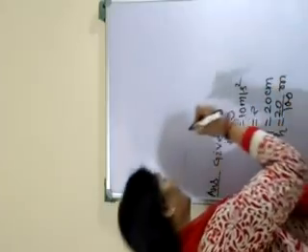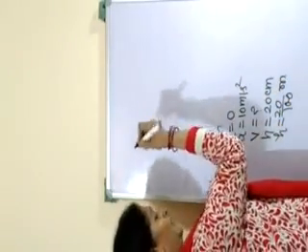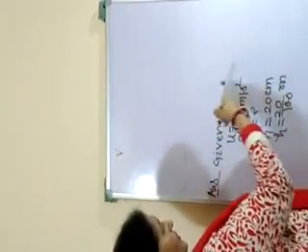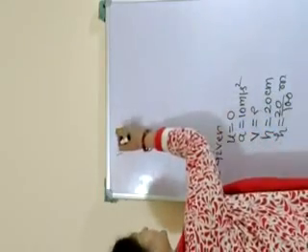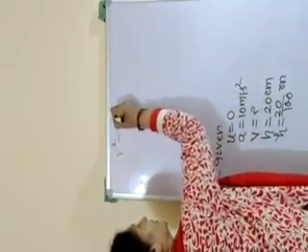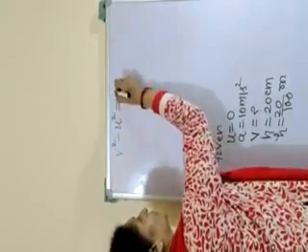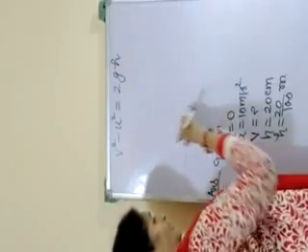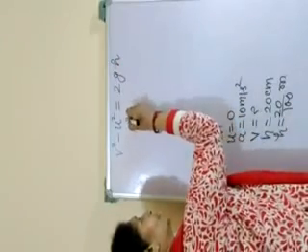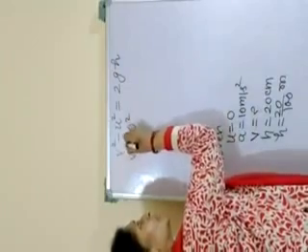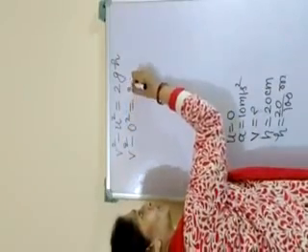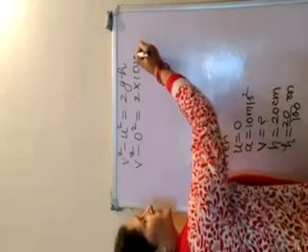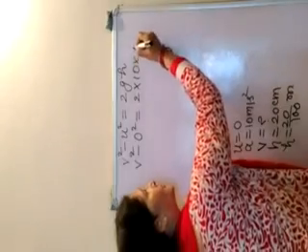We will use the formula which will work here. V square minus u square is equal to 2gh. The initial velocity is 0. Final velocity we have to find out. 2 into h, h is 20 by 100.